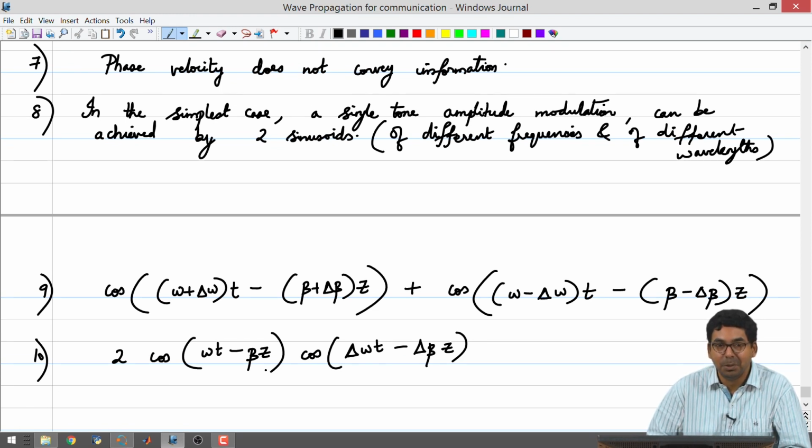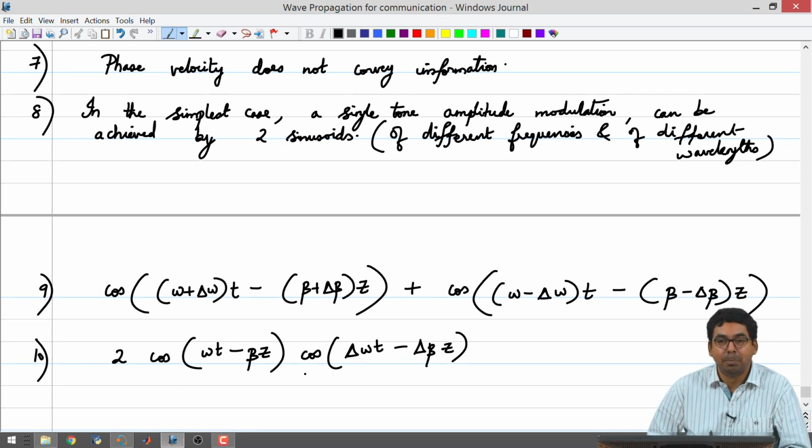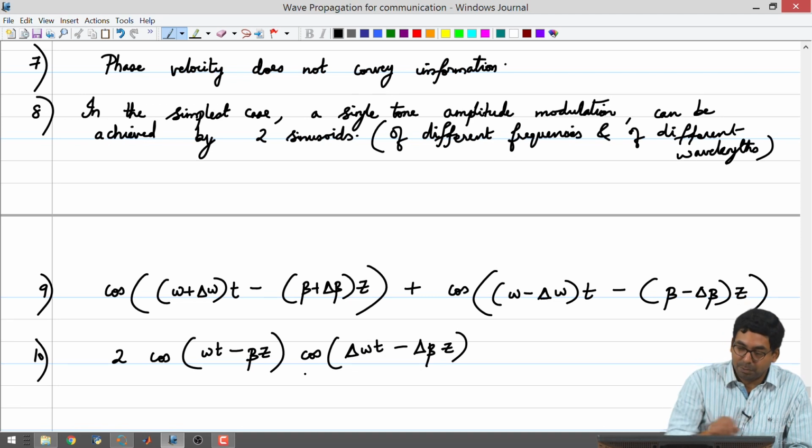Are they the same? Do they convey the same information? If they do not convey the same information, which one conveys the information, etc., all these things start to come into the picture. So, we are going to take this expression and plug it into Octave and see what the visualization looks like and what conclusions we can draw from there.